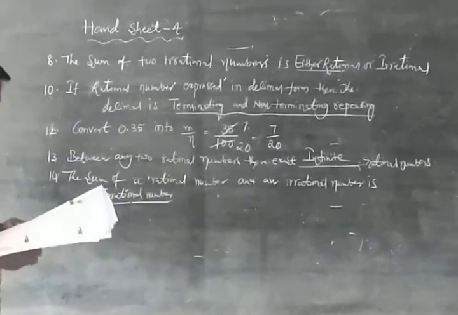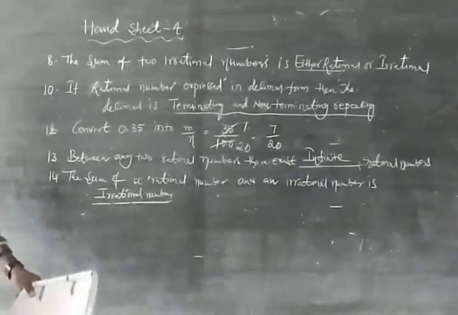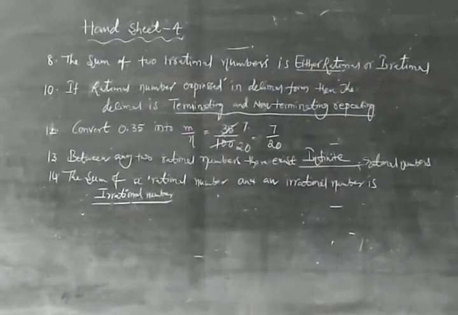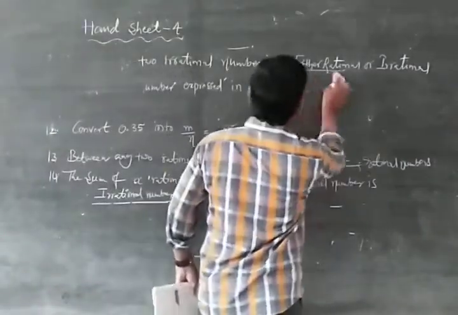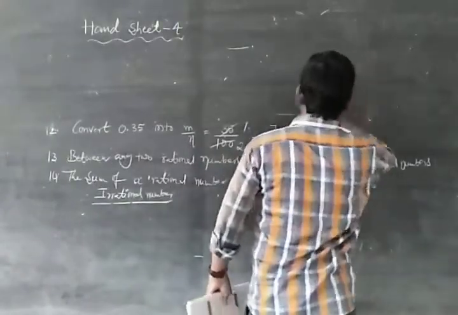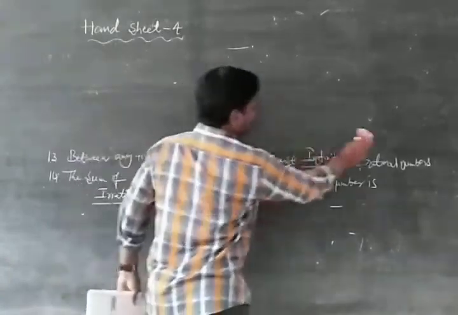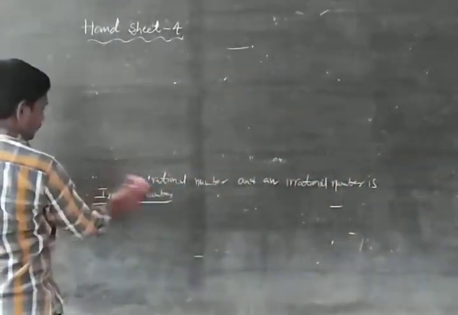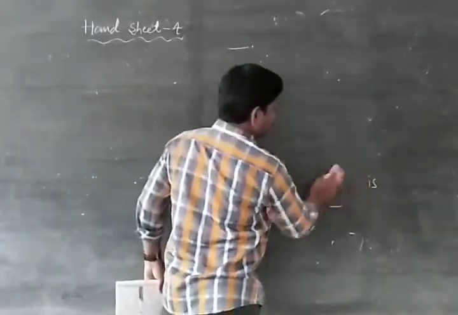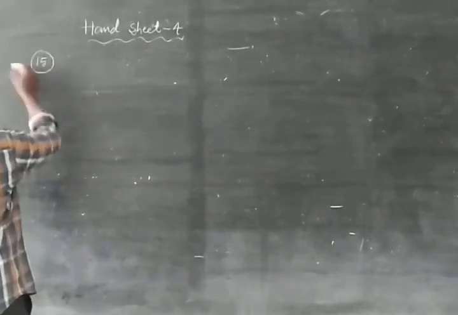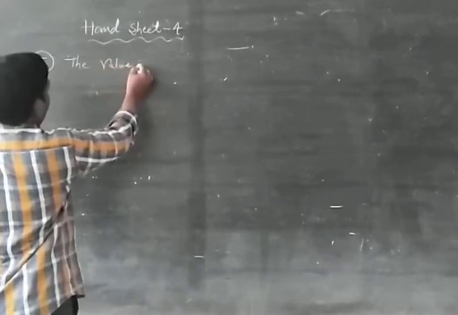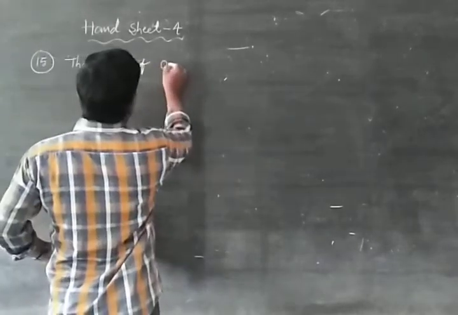Next, write down up to 14. The value of 0.09 bar.